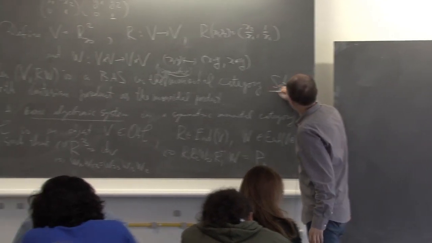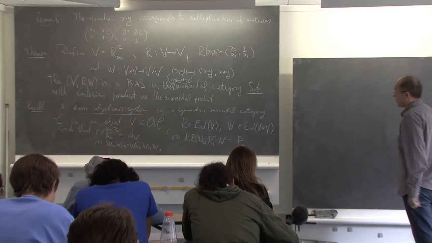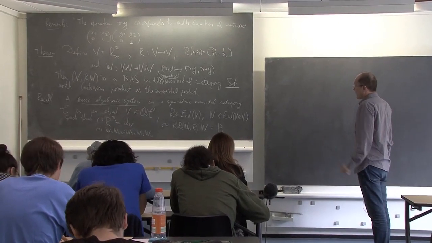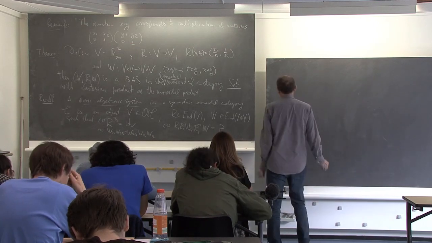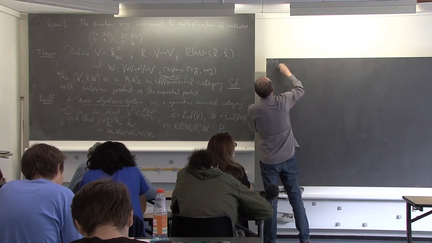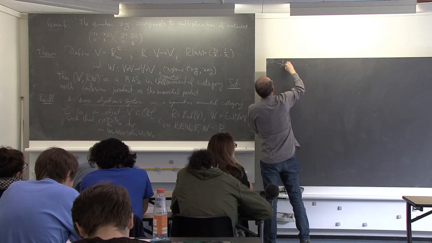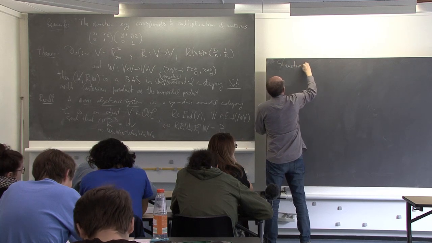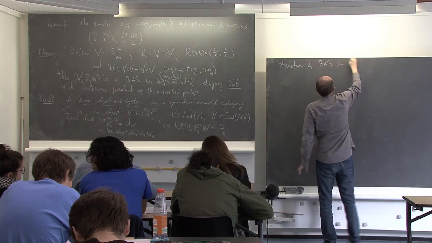So if we stay in this category of sets, how we can see what is a minimal set of relations underlying this basic algebraic system. So the general structure of basic algebraic systems in set.